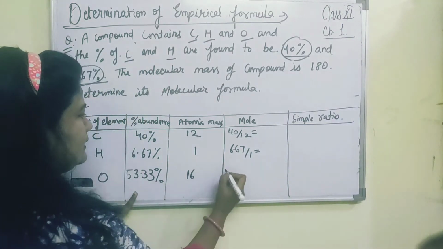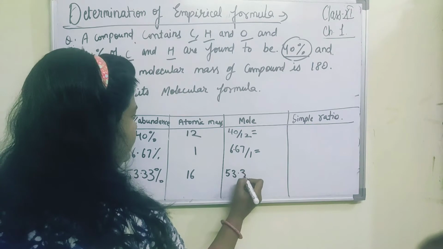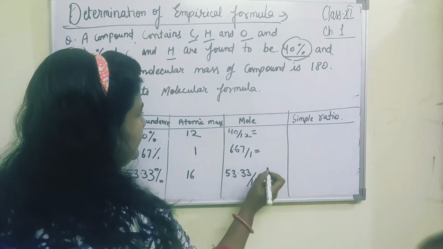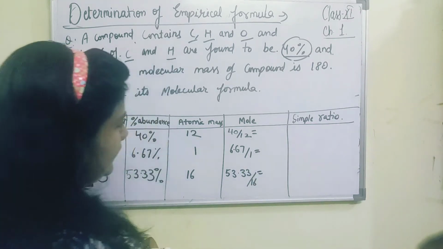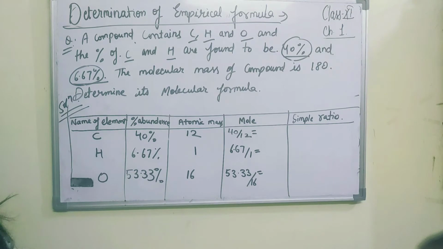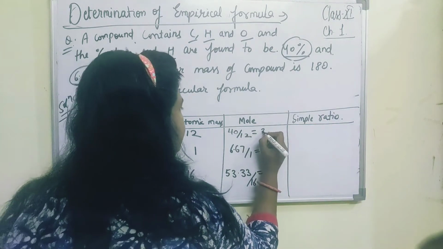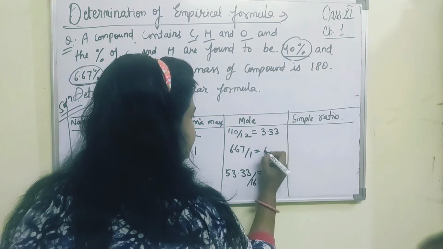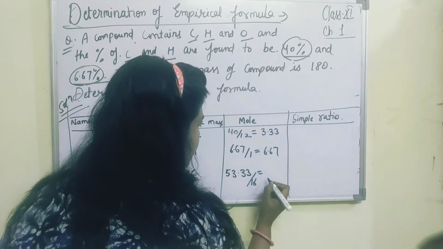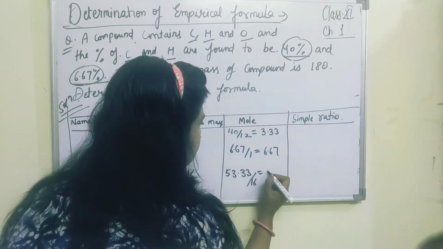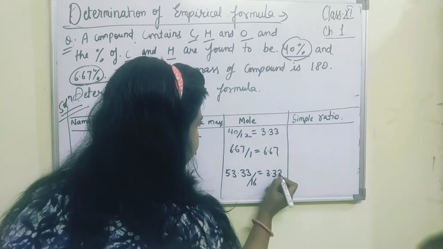And last is 53.33 divided by 16. Okay, and you will get the answer 3.33, 6.67, and this is also 3.33.